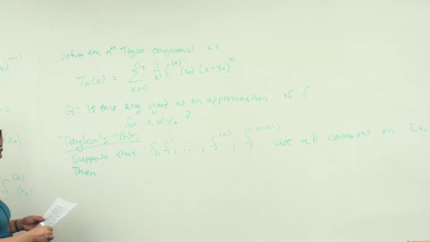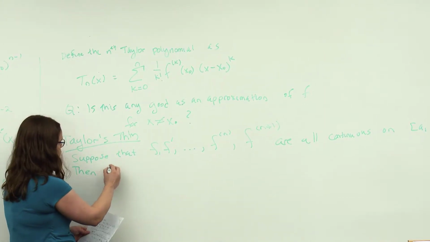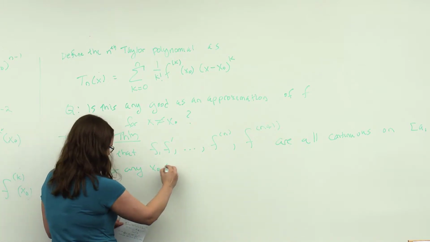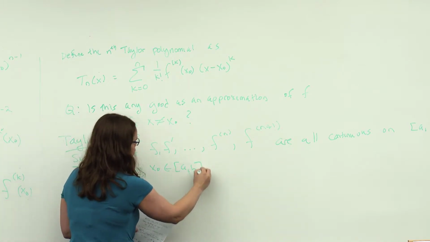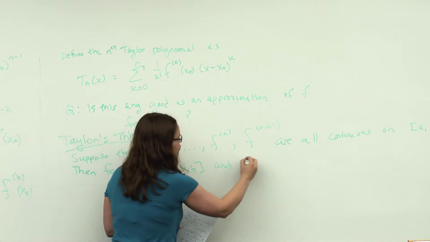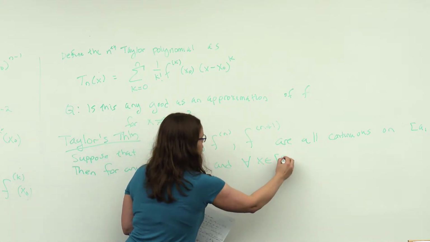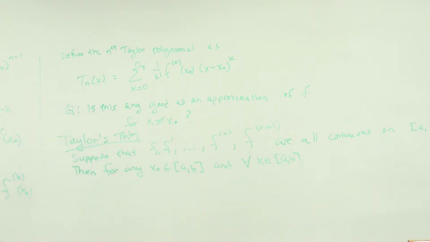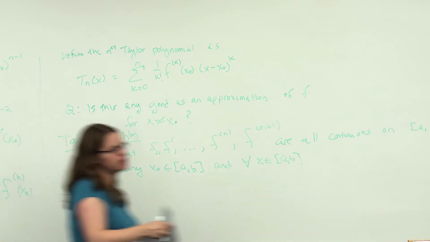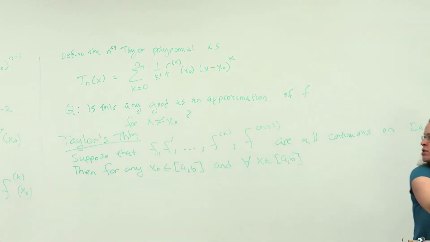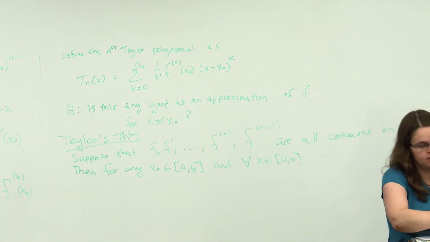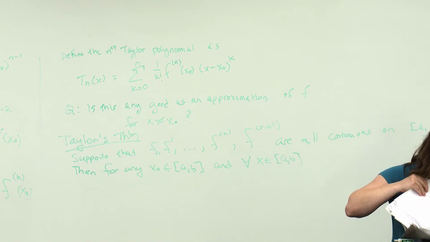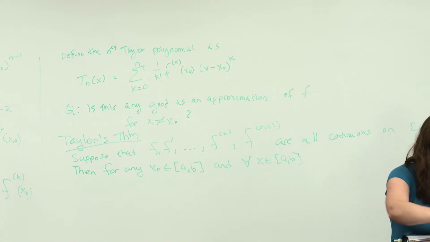So I'm assuming these derivatives all exist and they behave themselves. Okay, then for any x naught in this interval, and for every x in this interval, I pick my x naught to be wherever I want. I pick x to be the point where I want to approximate it, which can again be wherever I want.